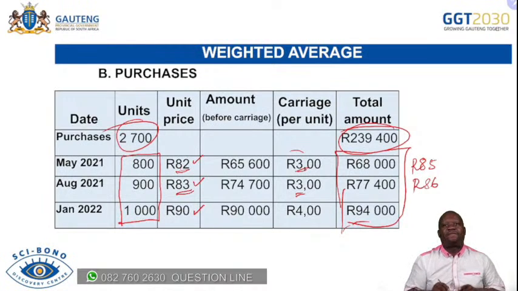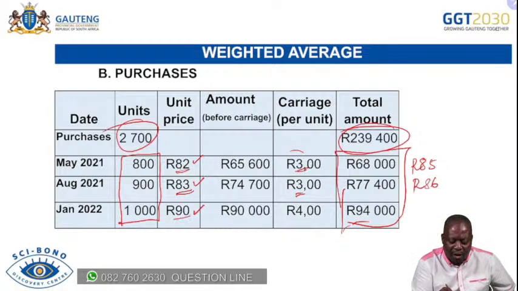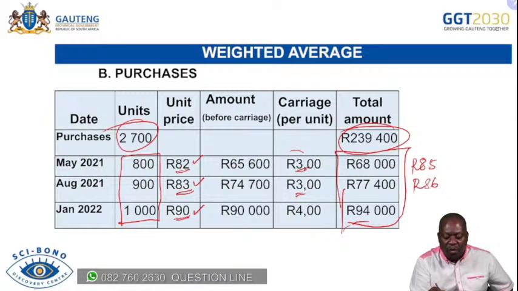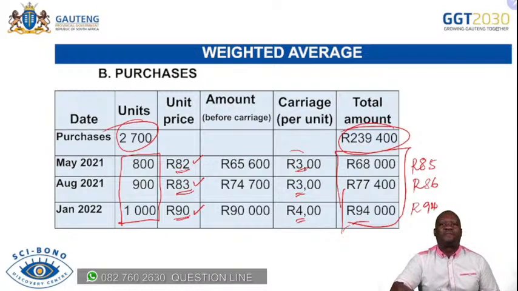In January, we bought every unit for 90 rand and carried it for 4 rand, so we are ultimately paying 94 rands per unit.